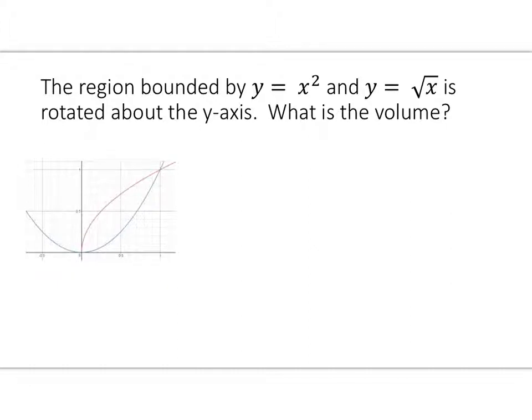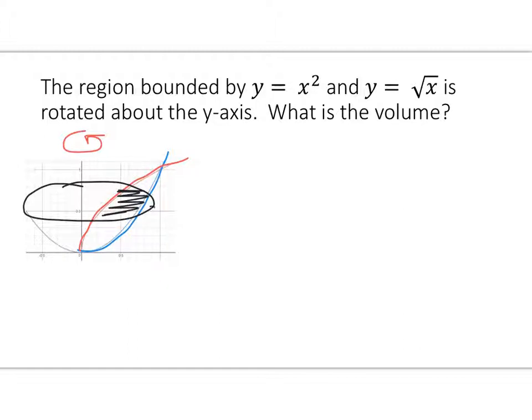So here we're going to see one that requires us to use a washer. We have the region bounded by y equals x squared, which is our blue, this graph, and y equals the square root of x in red, which is this graph, and we're rotating around the y-axis. So when I do that and I rotate over and make my slice, I can see that it's just this region.